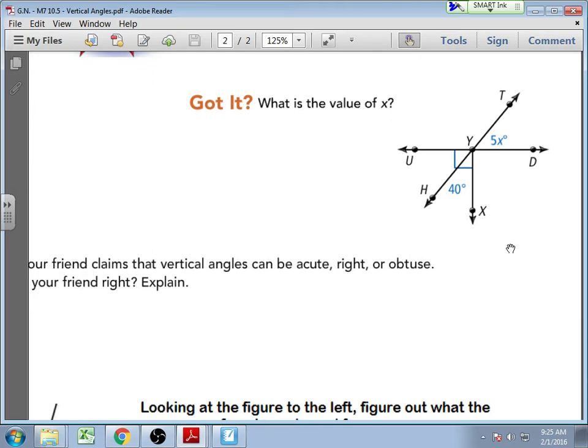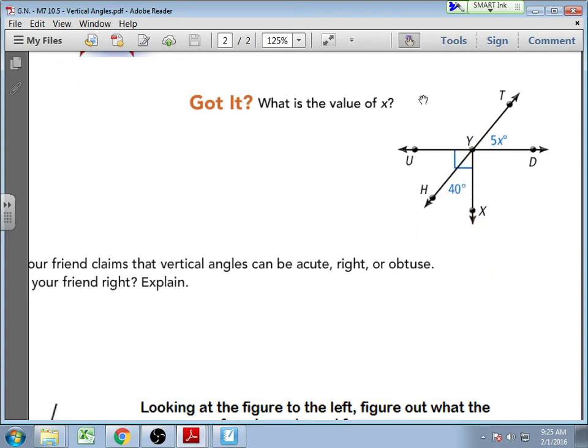There's a couple different ways that you can solve this. I will caution you, if you look at 40 and 5x, 40 uses this side and 5x does not. So 40 and 5x are not vertical. So what you need to figure out is if I want to use 5x, what is 5x vertical to?